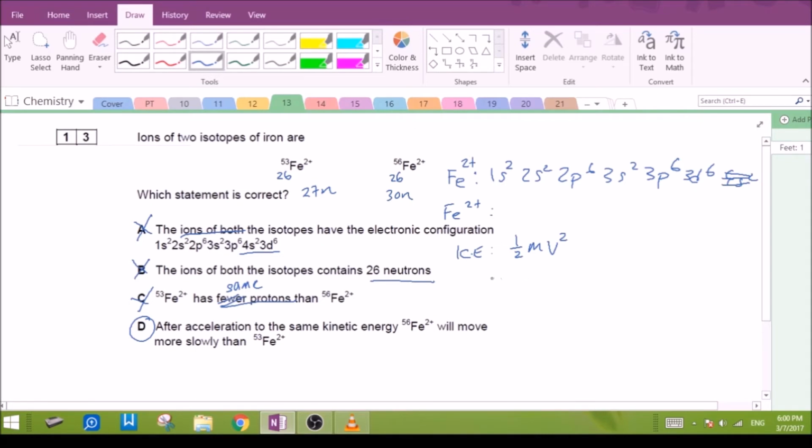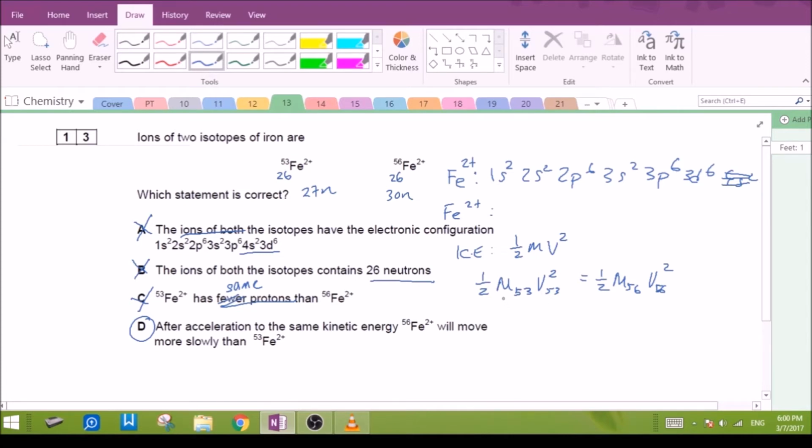So if they have the same kinetic energy, it means that we can have an equation that looks like this, where the masses and the velocity, the subscript refers to the isotopes.